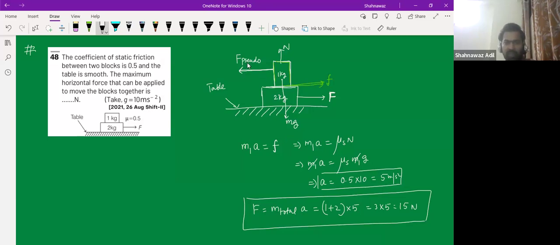Why we applied this pseudo force and why we got this M total and everything? Is it clear, everyone? Good. So this is for the small block, and then we solved for the whole block.